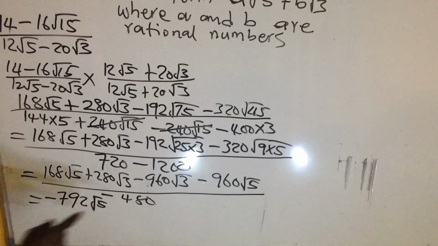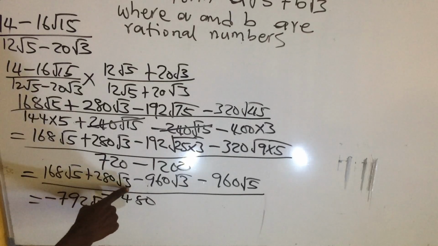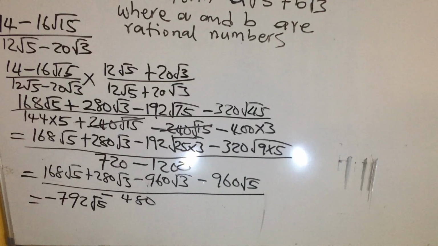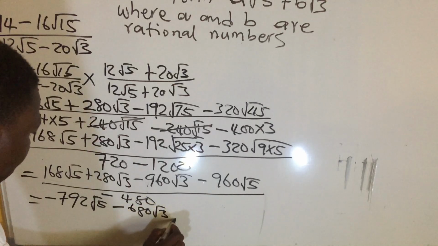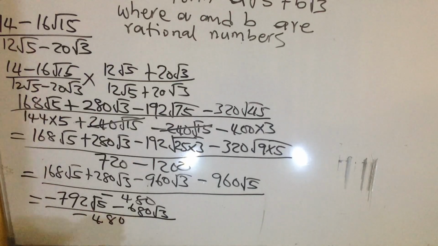Then let us subtract this one from this. 280, since they have the same root, 280 minus 960, we now have minus 680 root 3, all over minus 480.